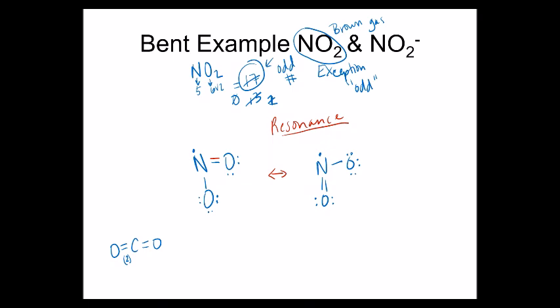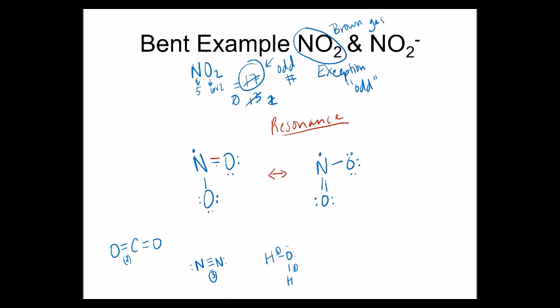It's a bond order of 2. Very good. And if we had diatomic nitrogen, this would be a bond order of 3 because there are 3 bonds in there. And say we have water. These are bond orders of 1, right? Because they're single bonds.